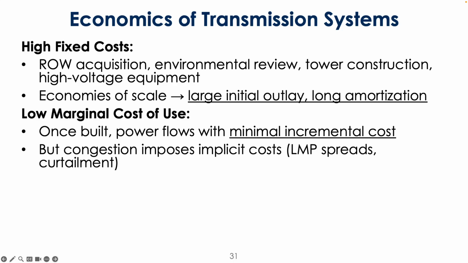Suddenly you have this thing called congestion, where I now in my transmission system have to figure out ways of transmitting my electricity from the supply to the demand, and there are these implicit costs because you're using essentially a limited resource of capacity, and that's captured in this thing called an LMP, which we're going to spend a lot more time on later. This is a locational marginal price, which helps to back out what the cost of that congestion is.